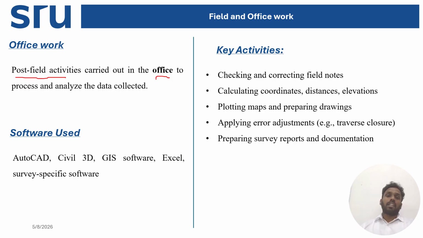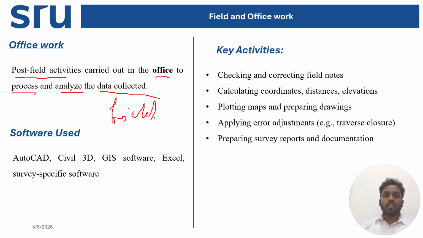Raw data is not usable. Converting the raw data into a usable form is done in the office. That is the process of analysing the data collected in the field. The field work you have collected should be rectified and verified in the office work. Okay.